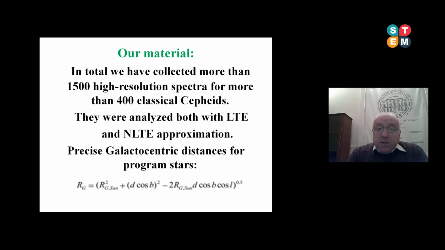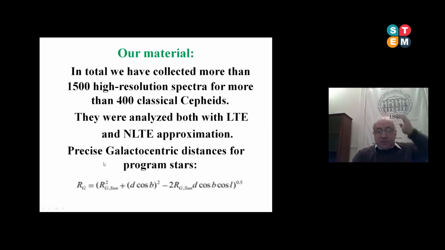The spectra were analyzed both with the local thermodynamic equilibrium approximation and without it, the so-called non-LTE approximation. It's a very complicated spectroscopic method, but we have a very good group, and we have been doing this work for many years. So we are experienced guys.